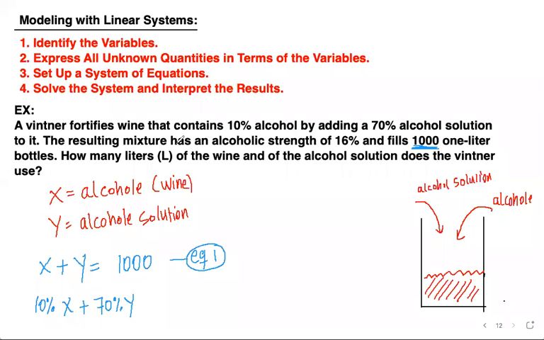The resulting mixture has an alcohol strength of 16% and fills 1000. This means it equals 16% times 1000. And this is my second equation.